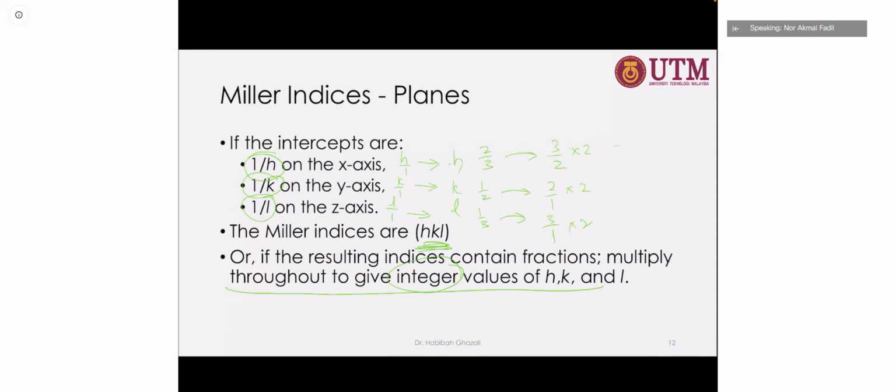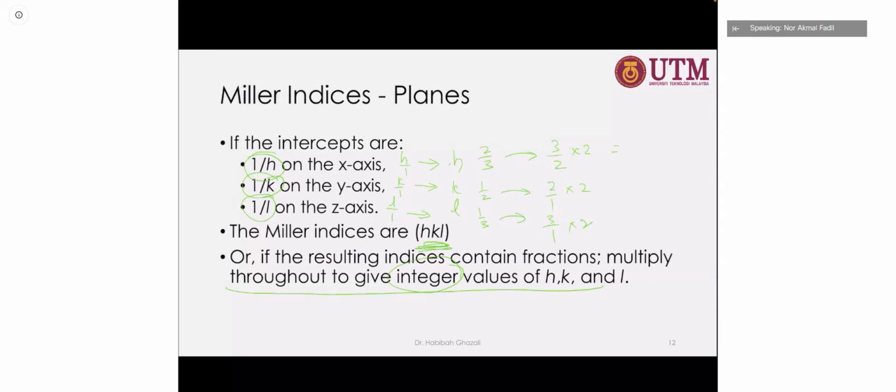What happens if we have a lattice plane that does not intercept? For example, like this. Can you give me the intercept value for HKL, for x, y, z? So what about x? The value for the intersection.